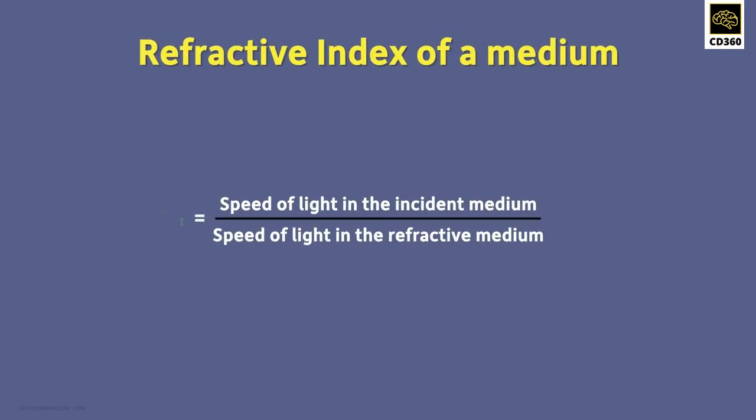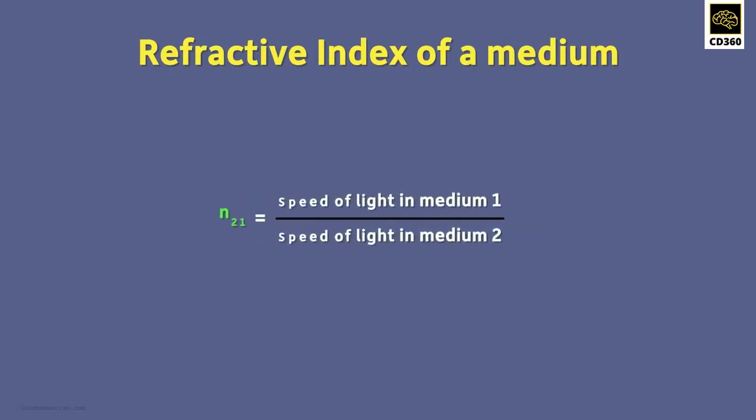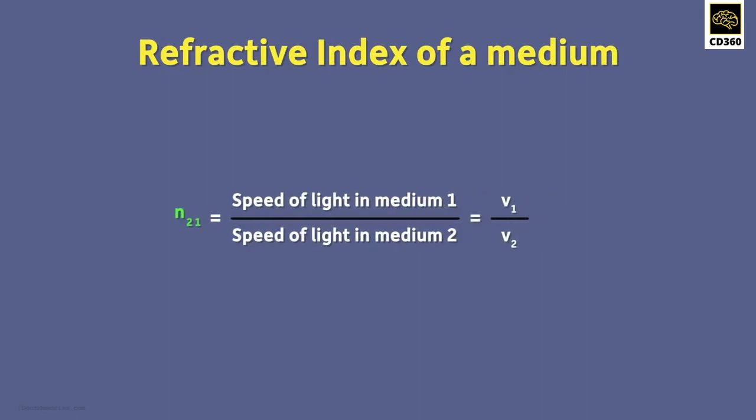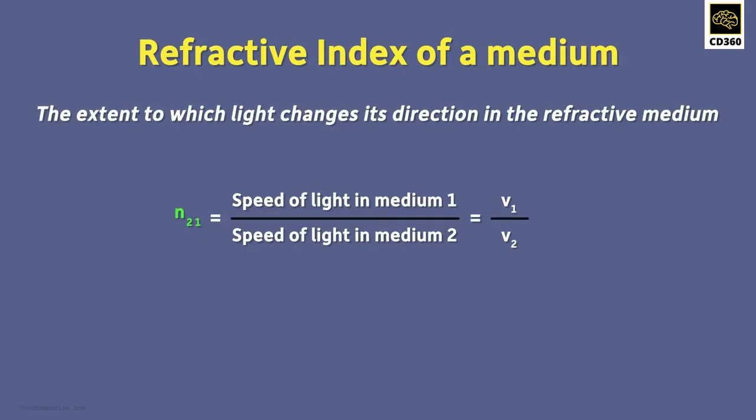It's denoted by n, and the two numbers in the subscript are the two mediums. We read this as the refractive index of medium 2 with respect to the incident medium 1. Also, v1 and v2 are the speeds of light in medium 1 and 2 respectively. We can also define it as the extent to which light changes its direction in the refractive medium.